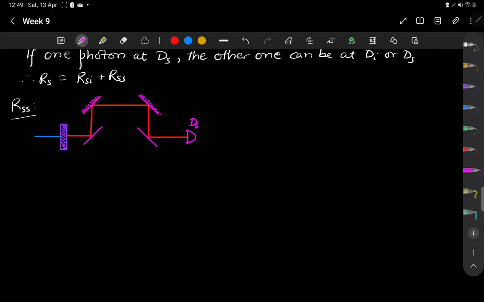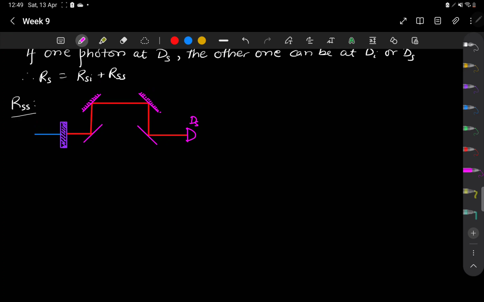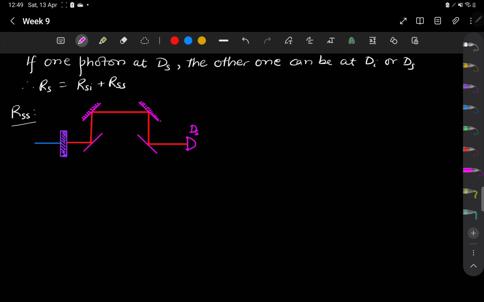So this is one alternative for RSS, that is reflection at the first beam splitter, and the other alternative is transmission at the first beam splitter.